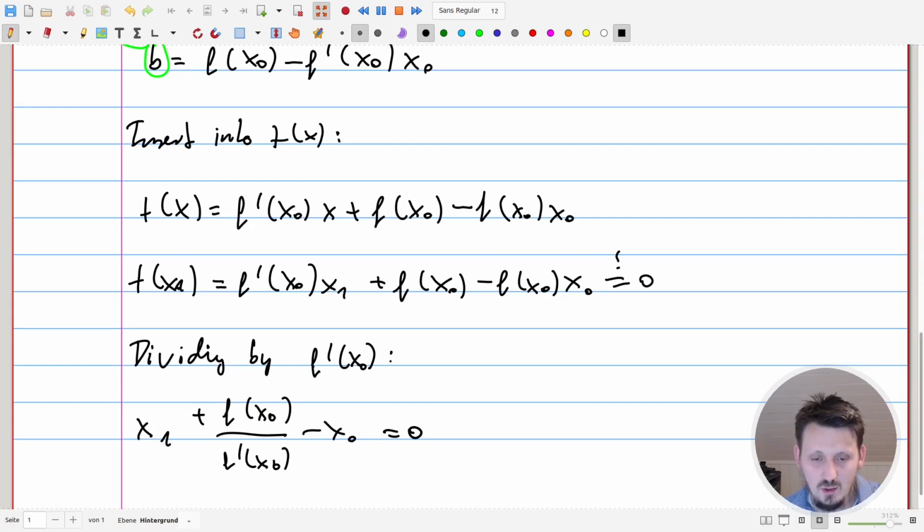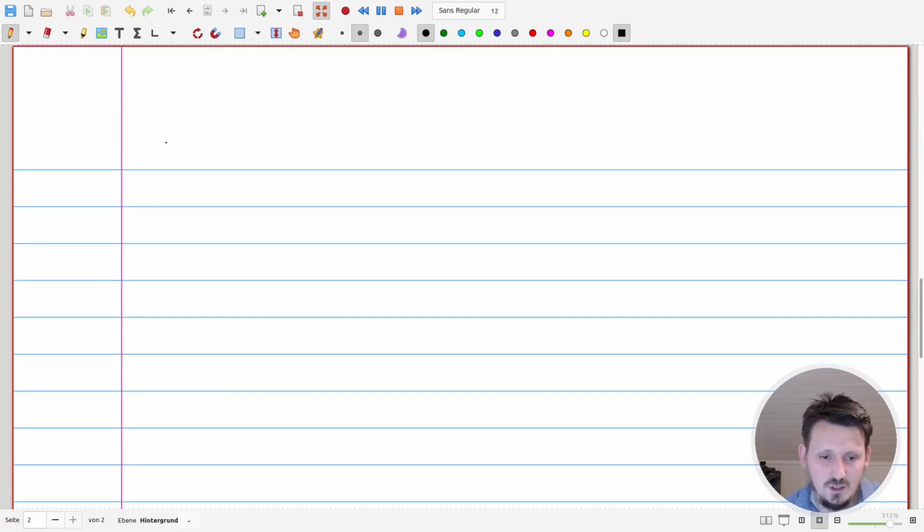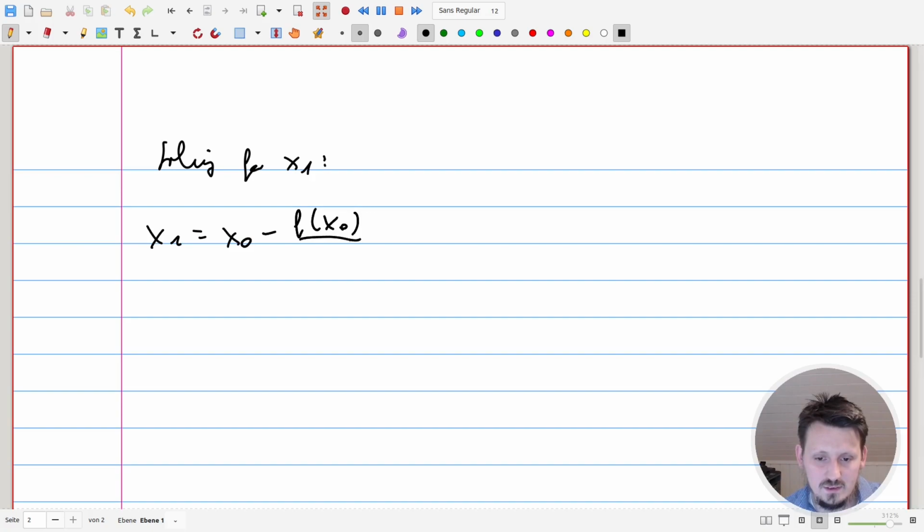Now the only thing we have to do, and for this maybe I will make a new page, is solving for x1. As I said, this we want to isolate. So we get x1 equals x0 minus f of x0 divided by f prime of x0.